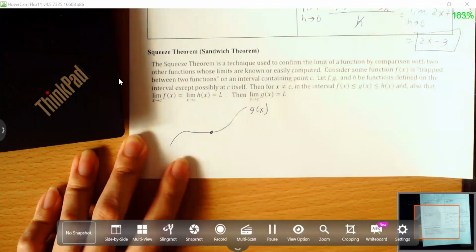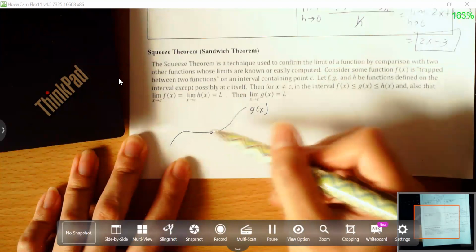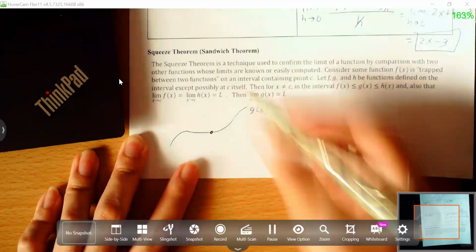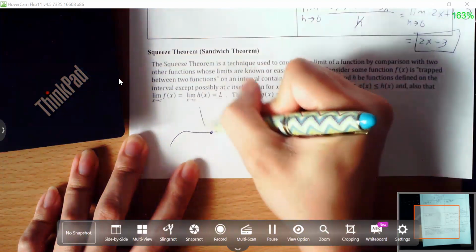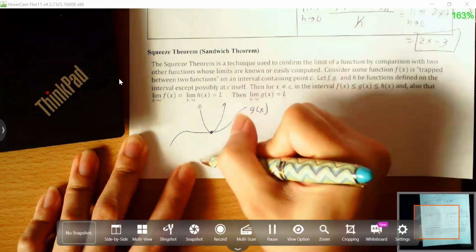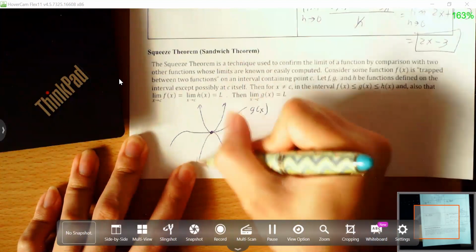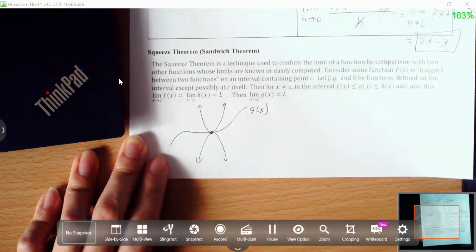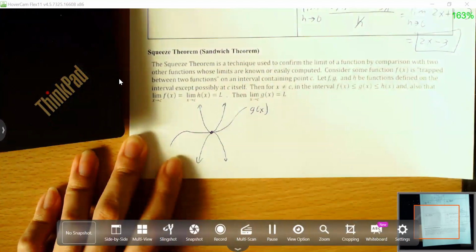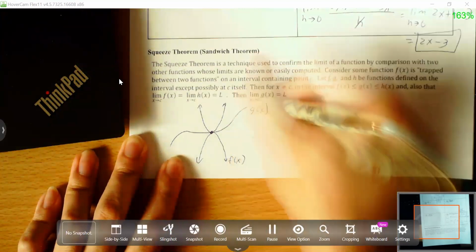So one thing we can do is trap this function between 2 other functions we are familiar with. So for example, let's say I make a parabola here, and I make another parabola right there. I could deal with those functions because I know how to deal with parabolas. Let's call this f of x, and let's call this h of x.